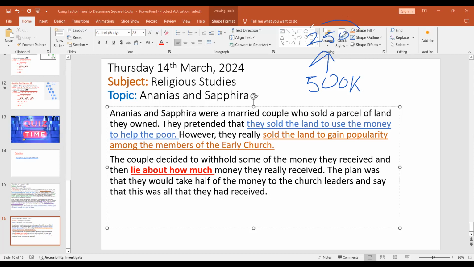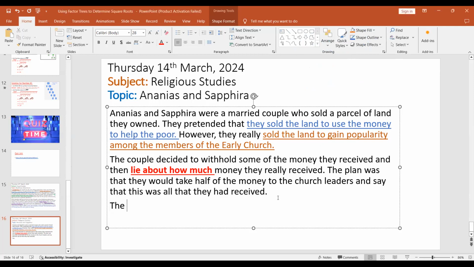So they're gonna say, okay, church, we only sold it for $250,000, which then they actually sold for 500,000. Here's the $250,000 that we received, and we're gonna give it to you all. Here's the good thing that we're doing. But in actual fact, they sold it for $500,000 and are lying about the amount of money that they received. So they were being dishonest. That's their plan to be dishonest.